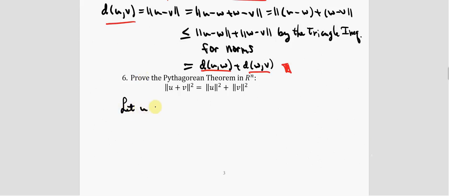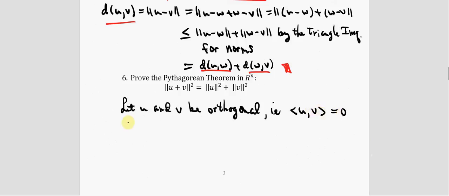So let u and v be orthogonal. That is, the inner product of u and v is equal to 0, and this is here for all u and v in the Euclidean n space.